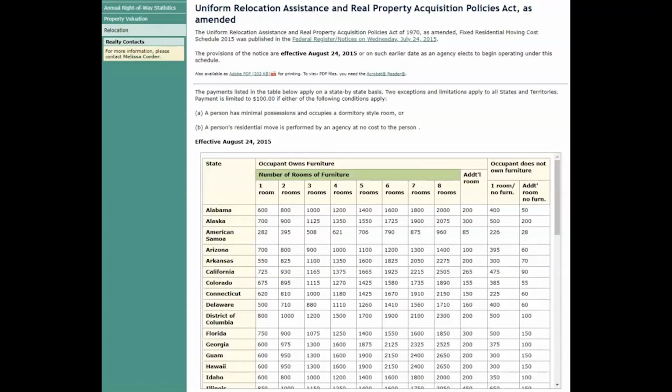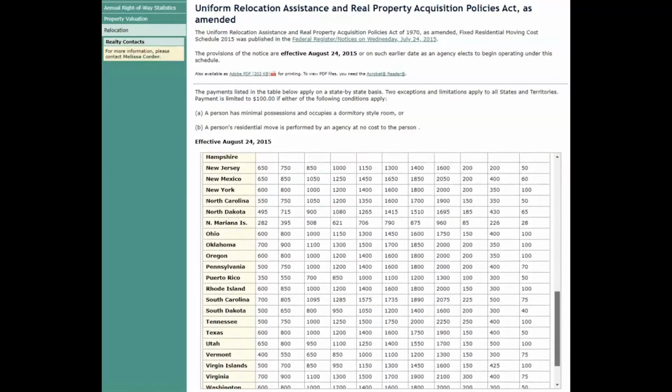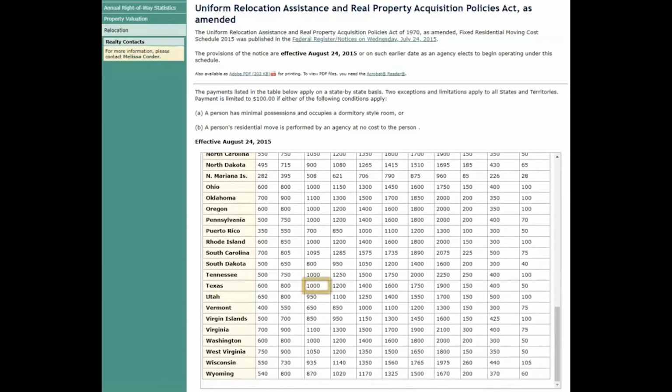For our example, the dwelling that the homeowner is being displaced from has 3 rooms of furniture. They found the 3 rooms of furniture column, and they scrolled down to see the amount of 3 rooms for the state of Texas. They found that for 3 rooms, they are eligible for $1,000 in Texas on a fixed payment schedule.